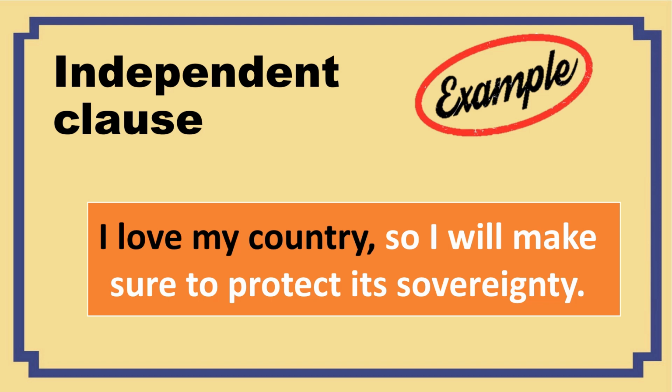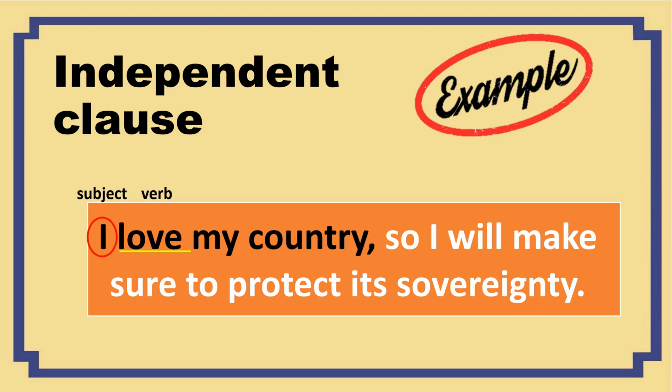Let us analyze the first part. The subject here is I, and the verb is love. This also has a complete thought and can stand alone, so this is an example of independent clause.